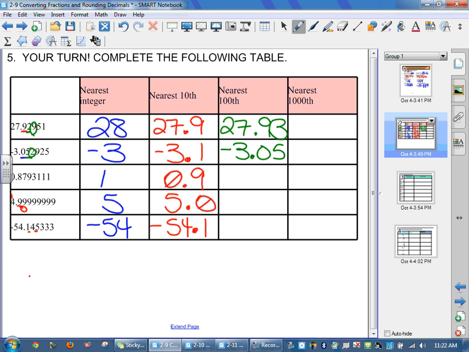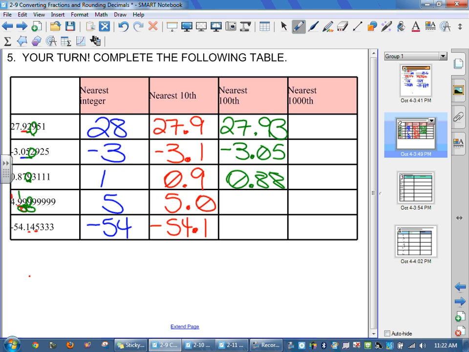On the third example, I have a 9 after my 7. What does the 9 tell the 7 to do? Round up to an 8. So I get 0.88. On the next one, the same thing's going to happen on this one because I have lots of 9s. So if I look at that second 9, the third 9 is going to make the second 9 go to a 10. So I put a 0 down. Then I add the 1 to the other 9, which makes 10. So I have another 0. So I have to add the other 1 from that 10 to the 4.